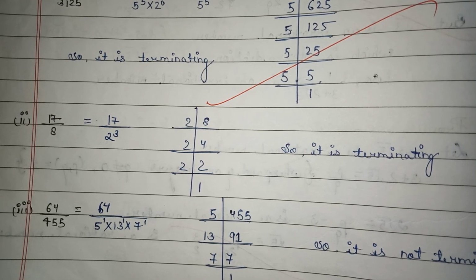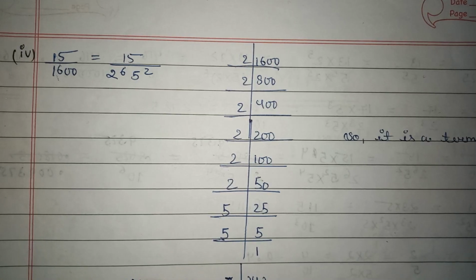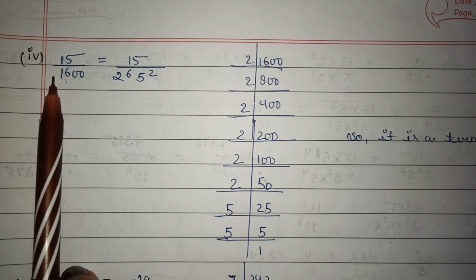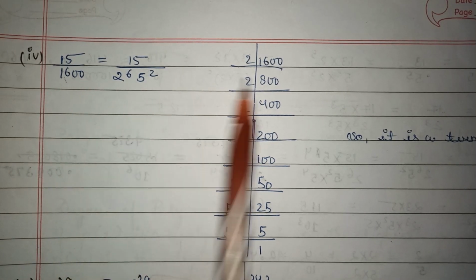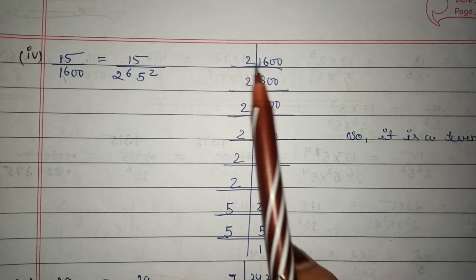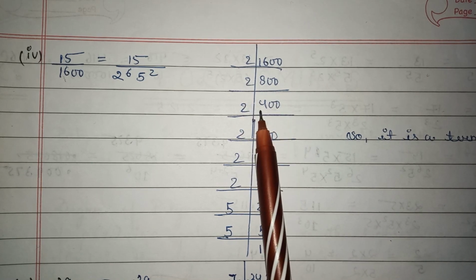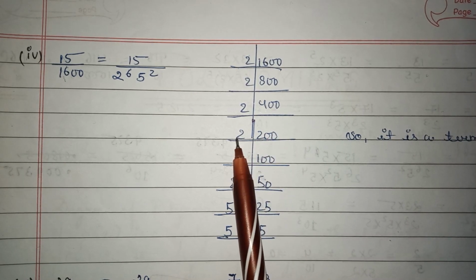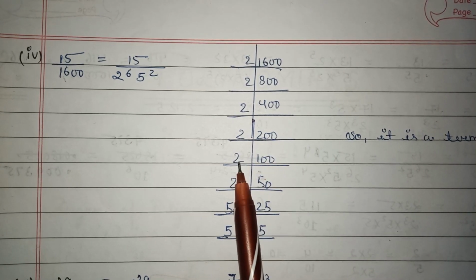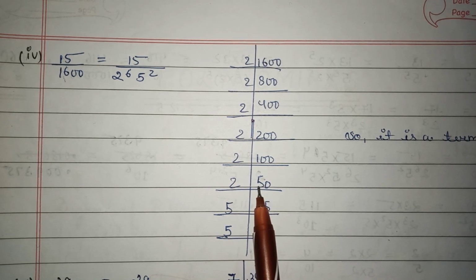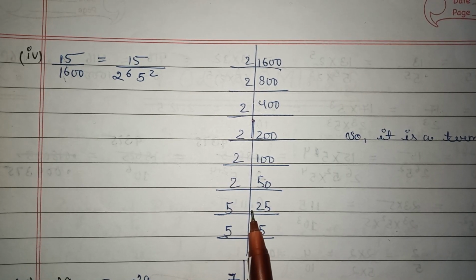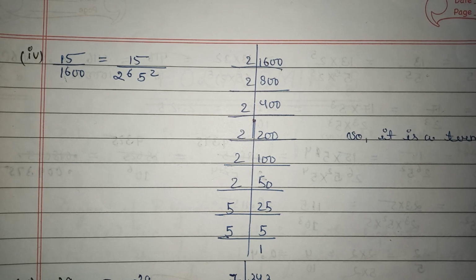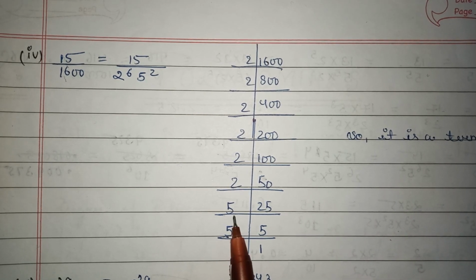Now moving to the fourth part of this question. In the fourth part we have the number 15 upon 1600. On finding the factors of 1600, we get this. It is divisible by 2, giving 800. Then this is also divisible by 2, giving 400. This is divisible by 2, giving 200. This is again divisible by 2, giving 100, which is also a multiple of 2, so we get 50. Then again it is divisible by 2, giving 25. Now we know that 25 is not divisible by 2, also not by 3, so we check with 5.